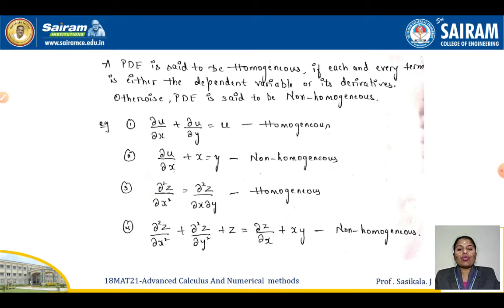This is a homogeneous equation because u can be taken to the left side, so I can write it with u alone. But coming to the second one, it is u as a function of x and y, dou u by dou x plus x is equal to y, so it should be non-homogeneous.